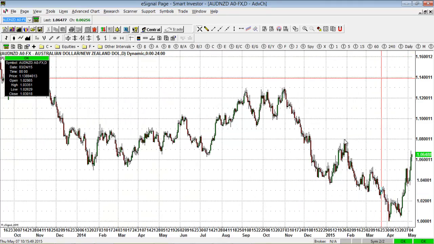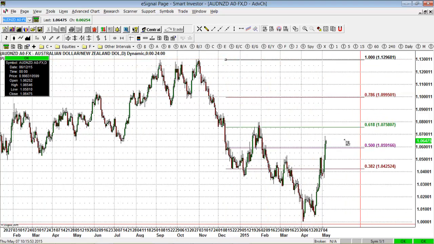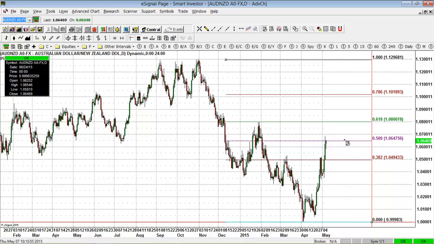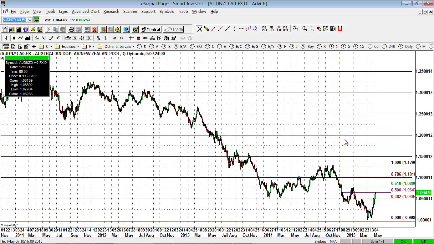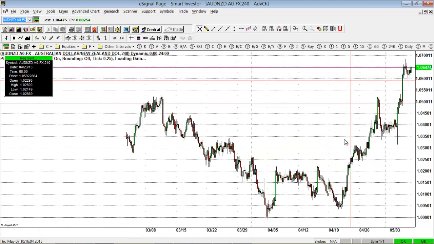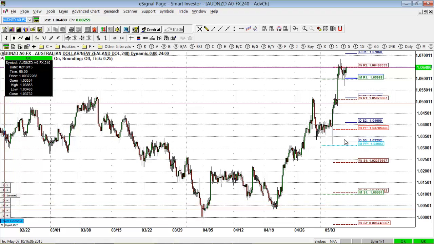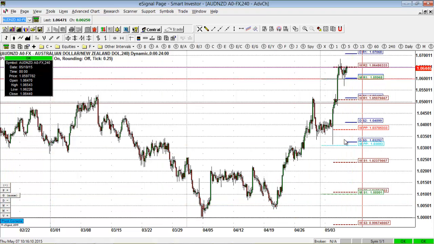Now this market is pulling back to, it's currently at the 50% retracement level, and also, let me go to the 4-hour chart and look at the monthly numbers. We're near the monthly pivot point of 105.96.